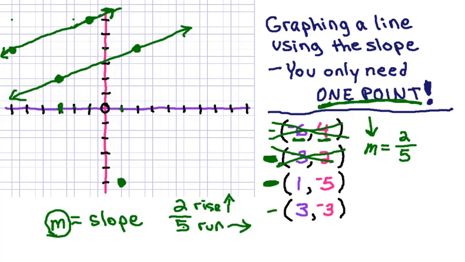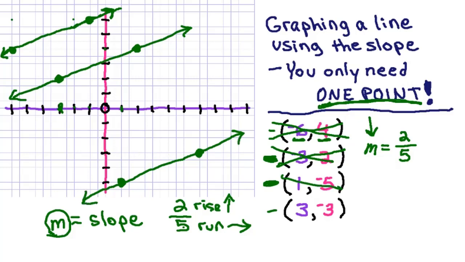Now we're going to use this same slope to make a second point and draw a line. The rise is 2, so from the dot that we just made, we go up 2, 1, 2, and then 5 is your run, so we go over 1, 2, 3, 4, 5, and there's your second point. And we can draw a line through these 2 points.